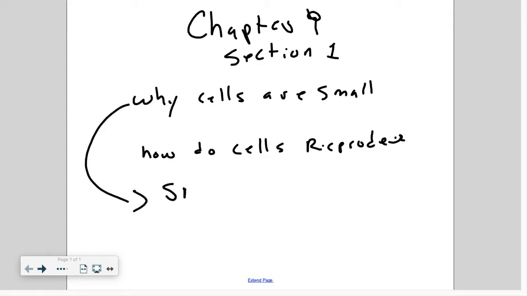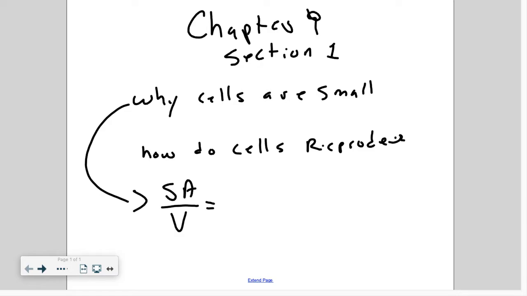First one, surface area to volume ratio. If a cell got any bigger than what most cells are, one of the 3 problems becomes that the surface area, the amount of plasma membrane, is going to get bigger as the cell gets bigger, but not as quickly as the volume or the cytoplasm of that cell does.